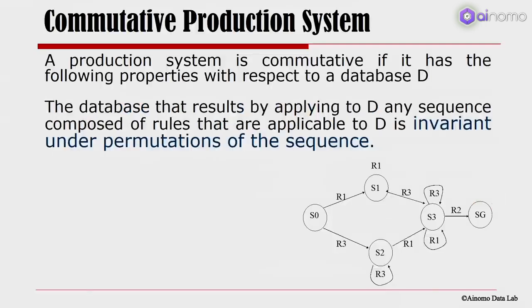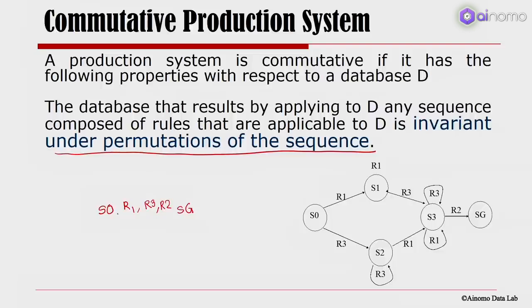Finally, the database that results by application to D of any sequence composed of rules that are applicable to D is invariant under permutation of the sequence, and that is very important. Here I move from S0 to SG by applying, let's say, rule R1, then R3, then R2.